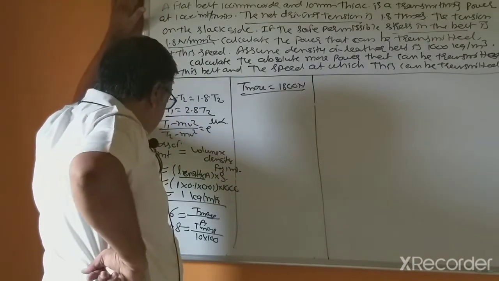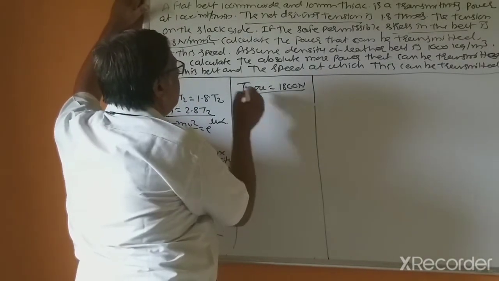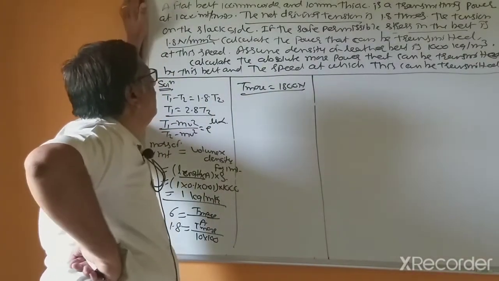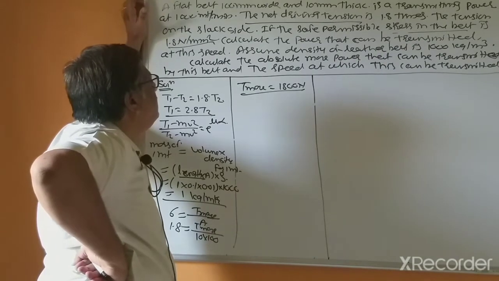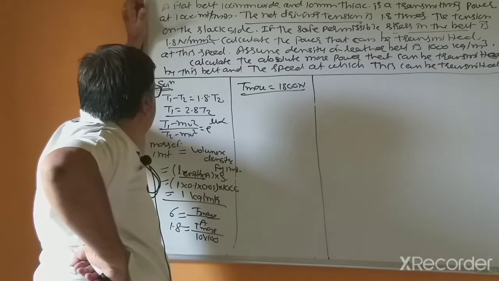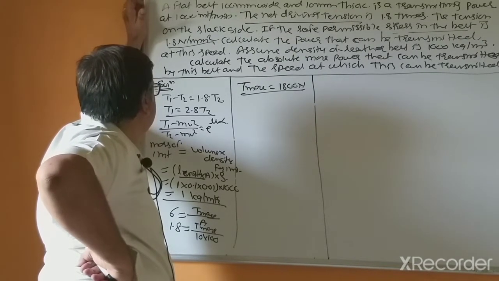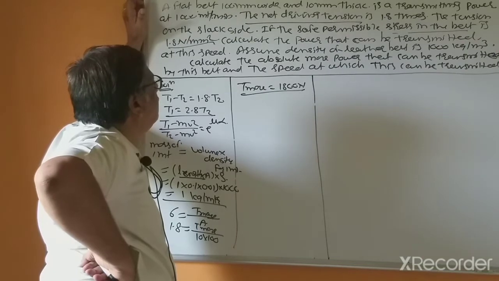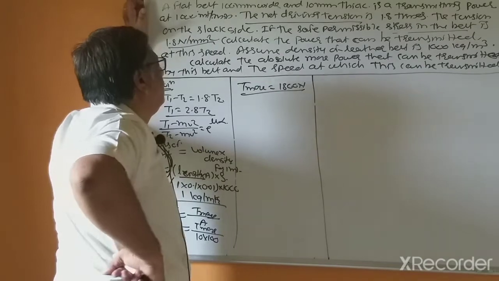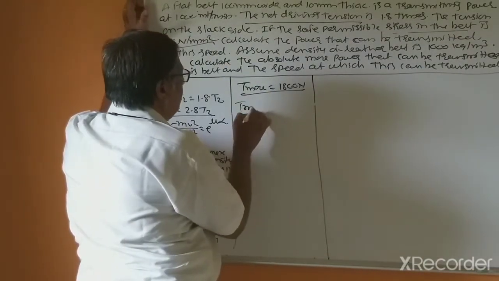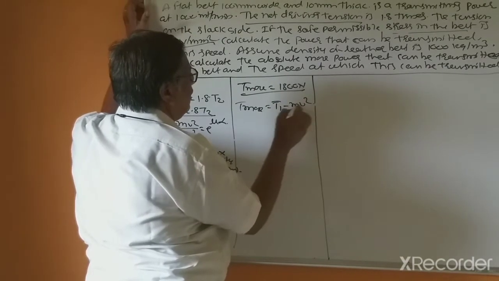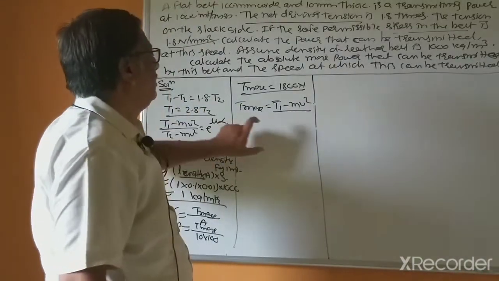By using T max, maximum tension is 1800 Newton. So T max equal to T1 minus mv square. This is the relation.